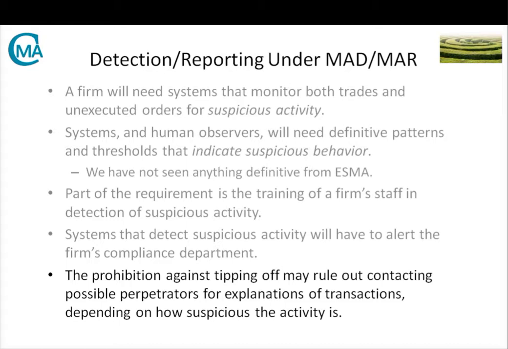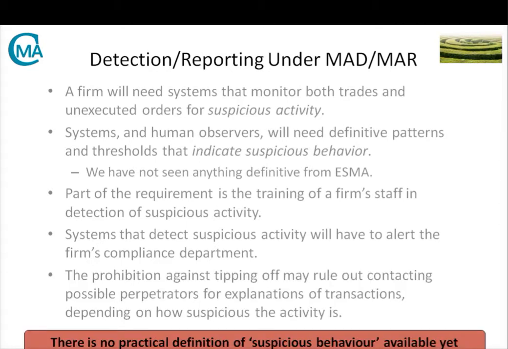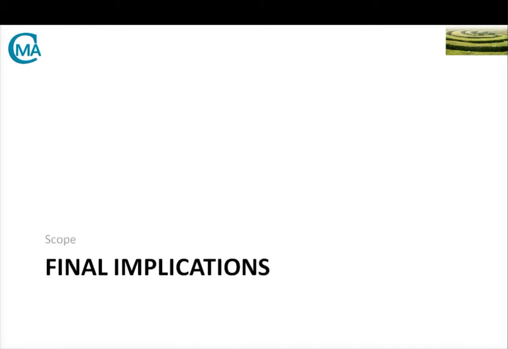And most of the time, if you see something happen and you want to find out if it was culpable or not, the prohibitions against tipping off say you can't go to the potential party and ask them. So this is an area where people are looking at just being able to demonstrate that they have something, as they're not likely to be able to be 100% certain that they found everything.